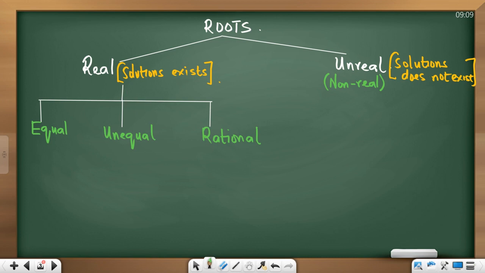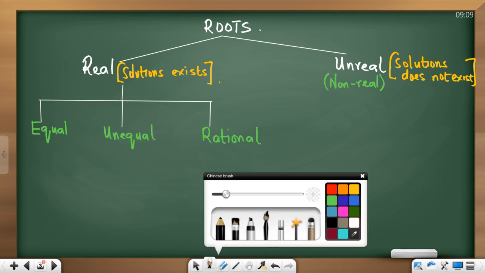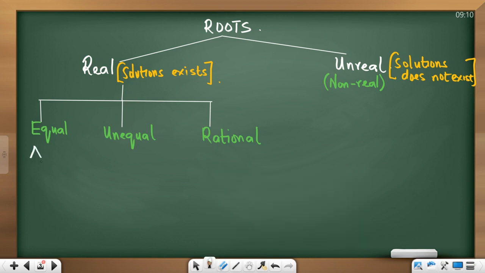What are the conditions? The conditions are this. Here, my discriminant, we will look at that, will be equal to 0. My discriminant will be greater than 0. And my discriminant here would be a perfect square. When you say something is a perfect square, our discriminant would come out like that, with a square on top.